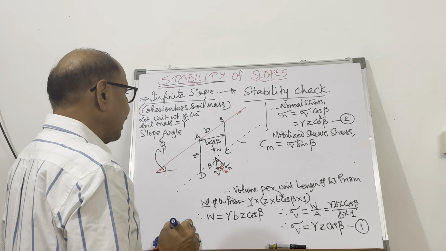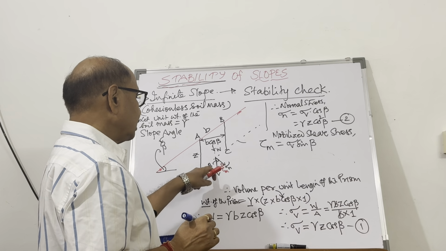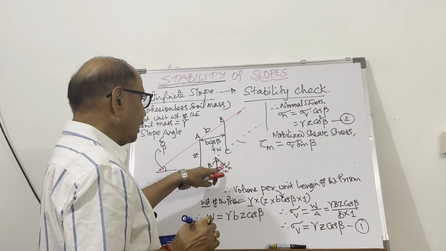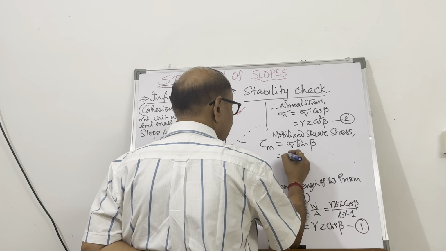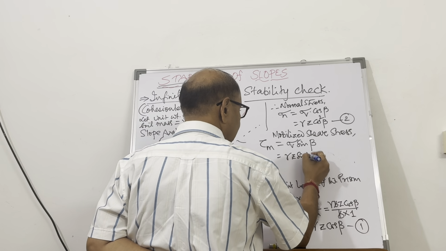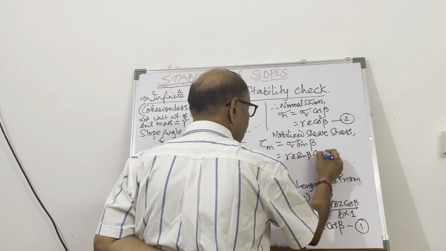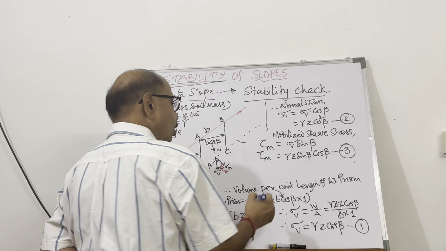So sigma n is going to be sigma v cos beta, and tau m, the mobilized shear, is going to be sigma v, and sigma v is already known to you, gamma z sine beta into cos beta. So this is the value of mobilized shear.